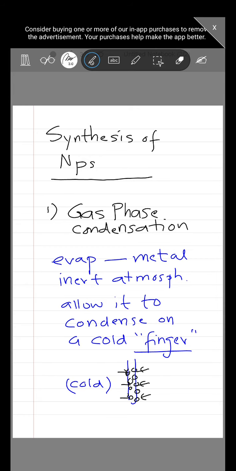So right here, gas, metal in vapor form. It is hot. They usually go and get condensed in this cold finger and form the nanoparticles.